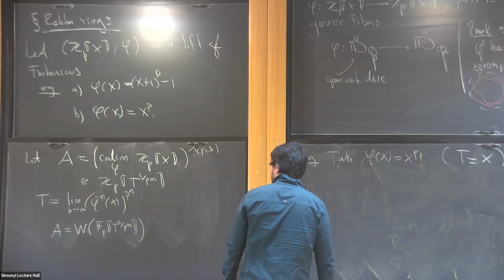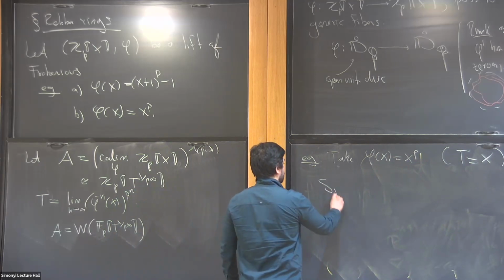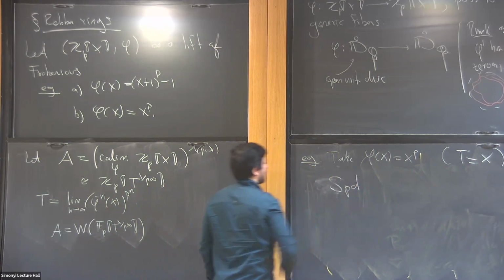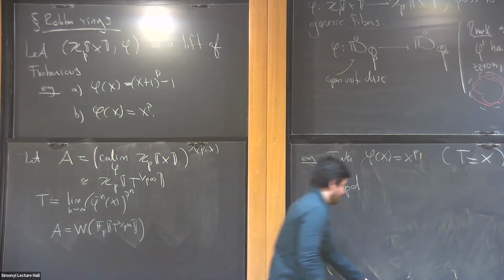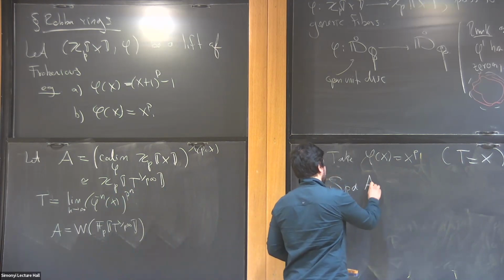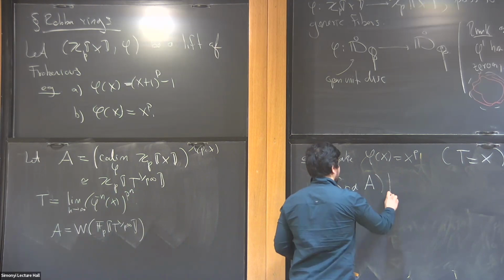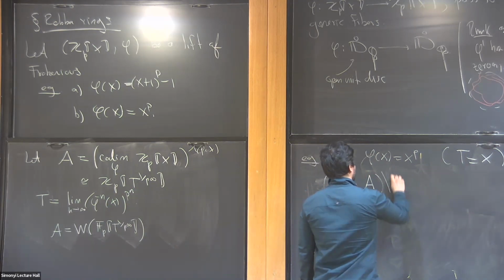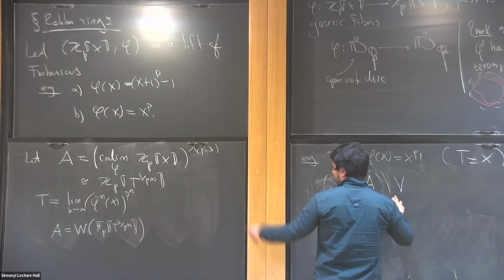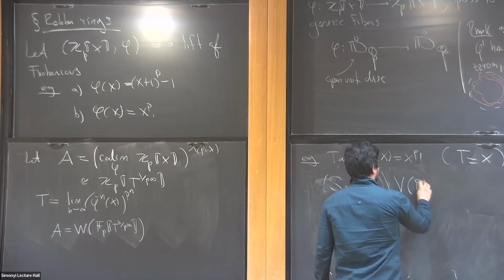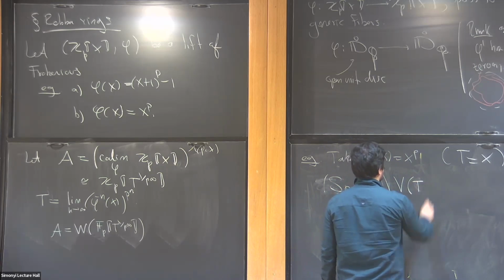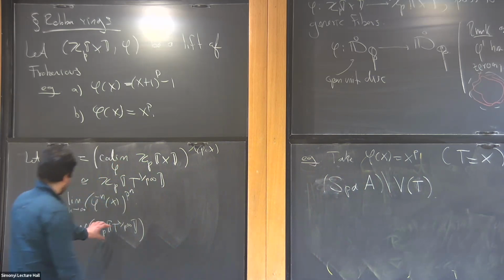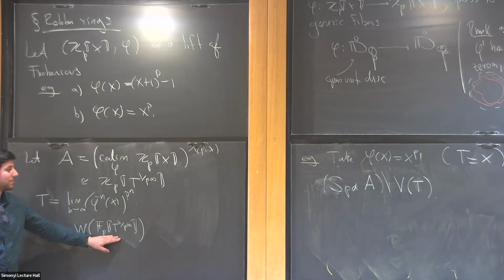And then if you take the analytic spectrum, so just the adic spectrum of the ring A, and you remove the locus where t is 0, then you basically just invert t analytically in this locus.